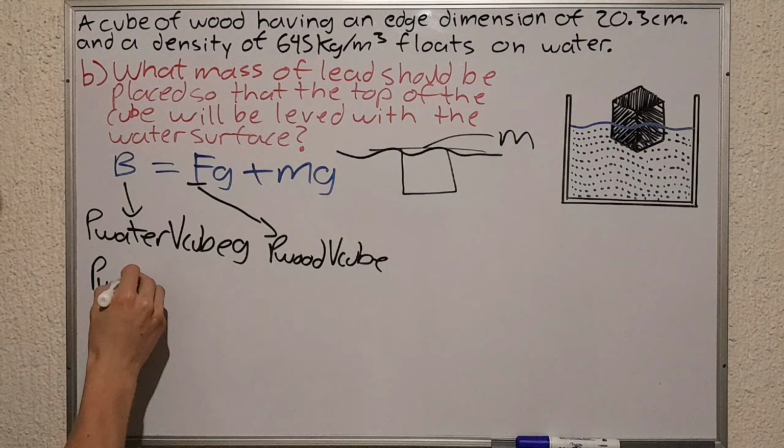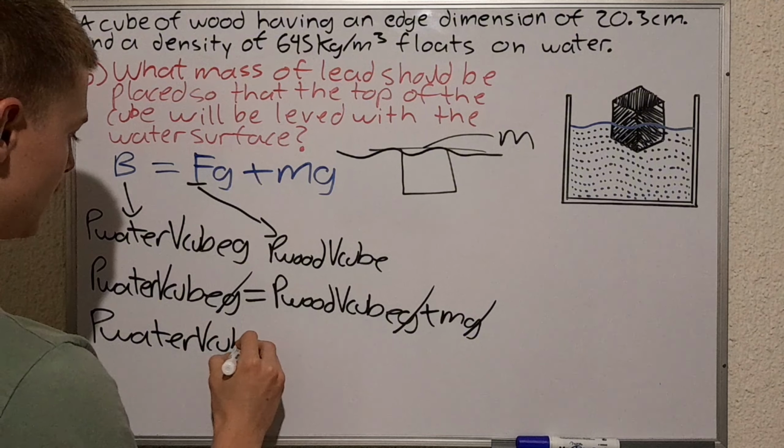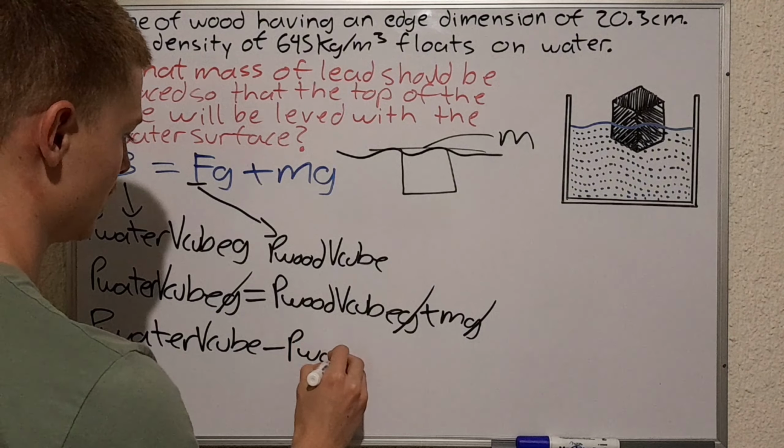So then it is the density of the water times the volume of the cube minus the density of the wood times the volume of the cube, which would be equal to m.